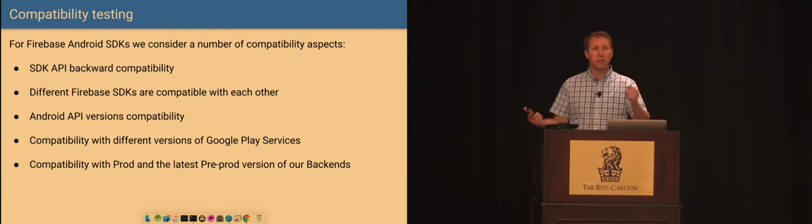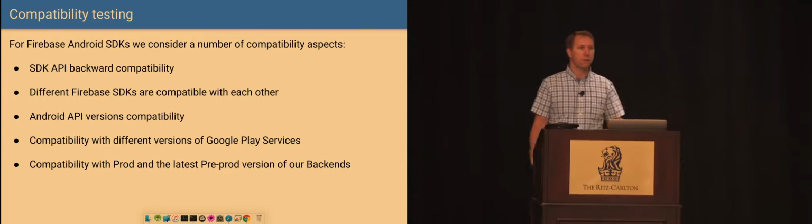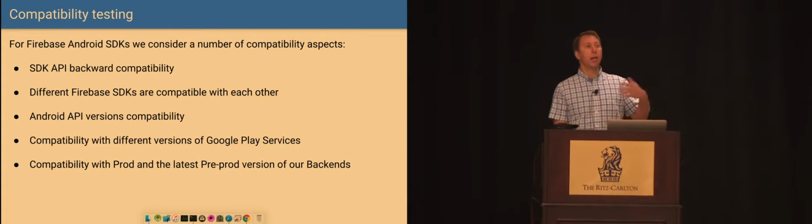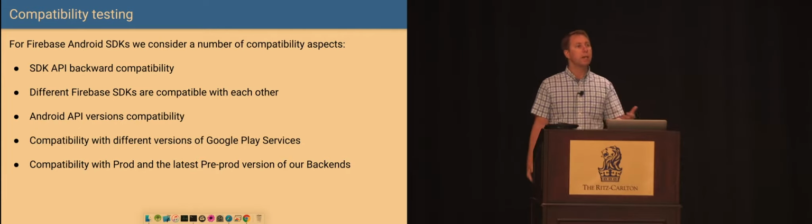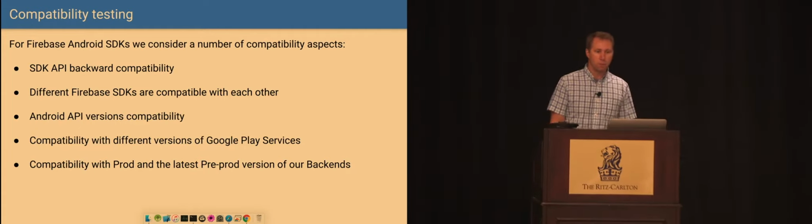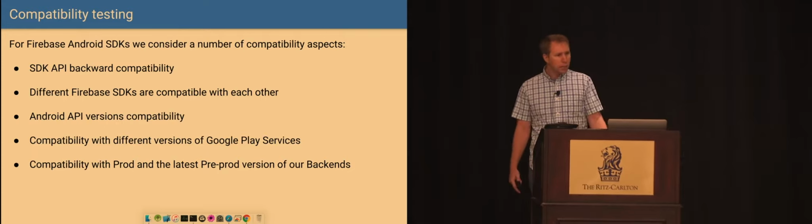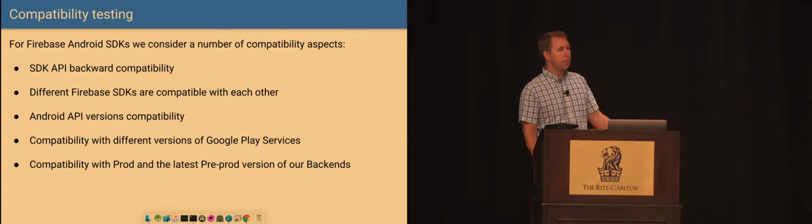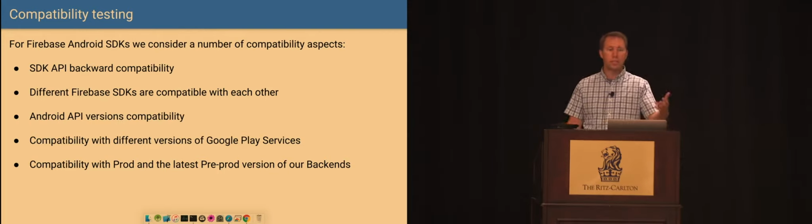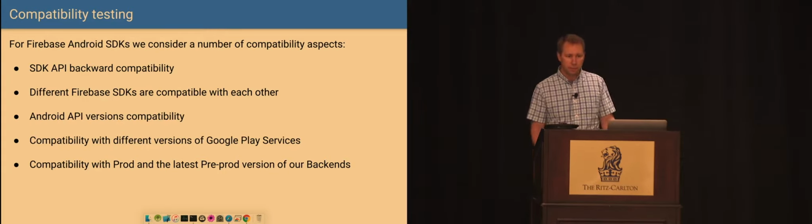Because if you have an app that uses an old version of the Firebase SDK, it still should be working fine and as expected with the newer version of Google Play services. And I think I already mentioned this aspect of compatibility: compatibility with unreleased or latest pre-prod versions of our backends.